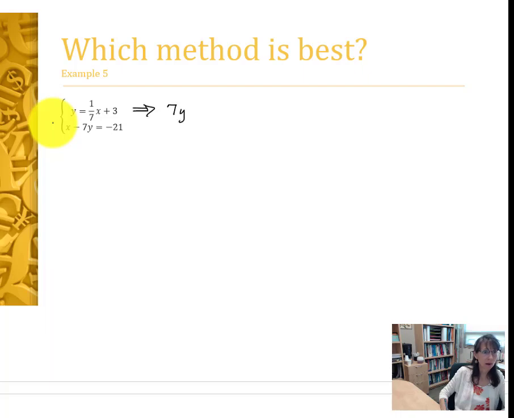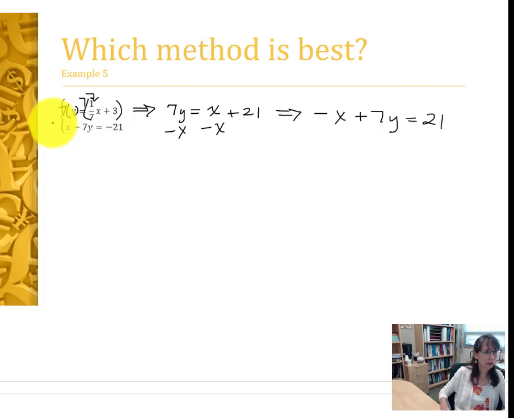So we would have 7y equals, multiplying everything by 7 here, 7 times 1/7 x would just be x, and 7 times 3 would be plus 21. So we still want to do a little more work on this one and put it into standard form. So I need to take x away from each side of the equation. Negative x plus 7y equals 21.